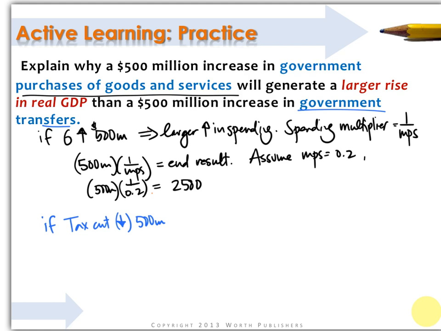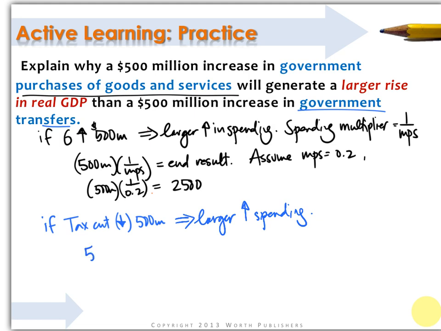So if we have a tax cut of $500 million, or an increase in transfers of 500 million, there's going to be also a larger increase in spending. The multiplier doesn't go away, but how big is it? Well, let's figure this out.